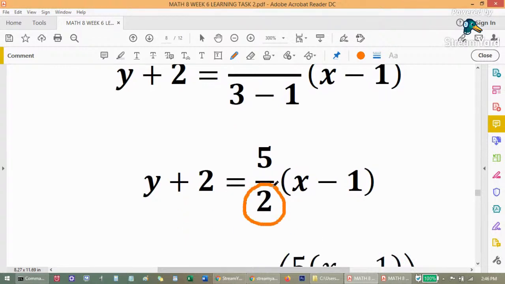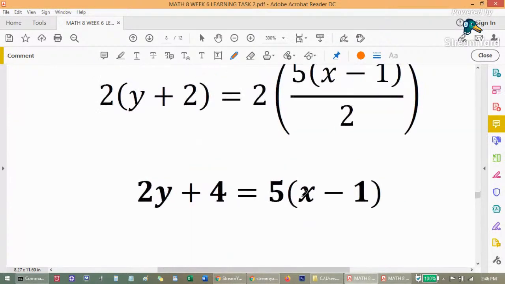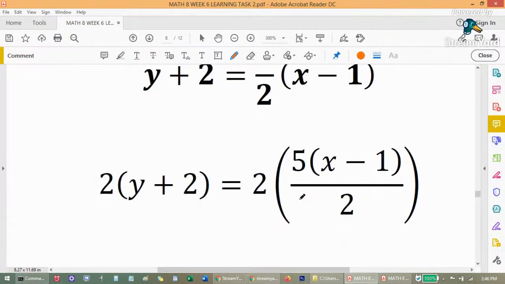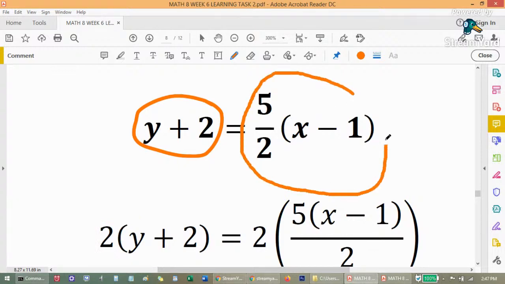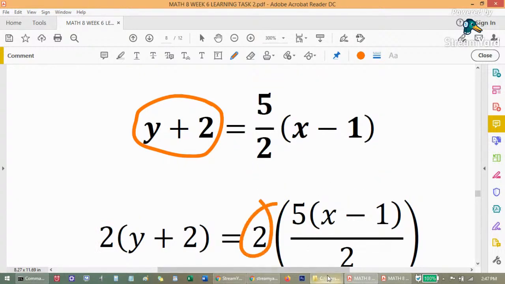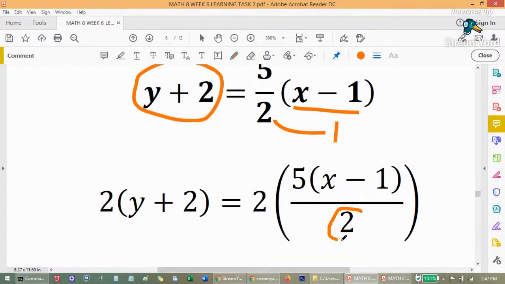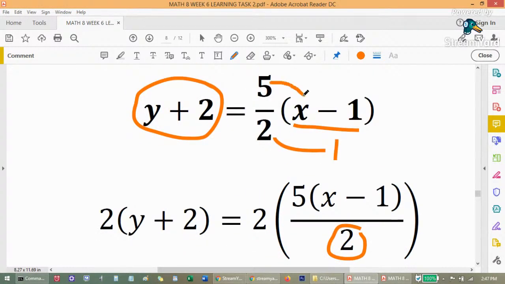So, to eliminate this 2, we multiply this whole side by 2, and this whole side by 2. Since this x minus 1 is over 1, 2 times 1 is 2, and 5 times x minus 1 is 5 times x minus 1.